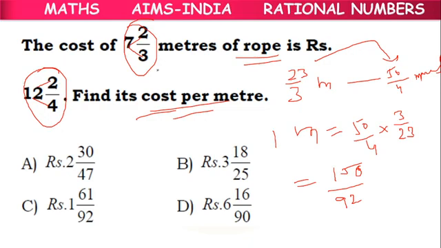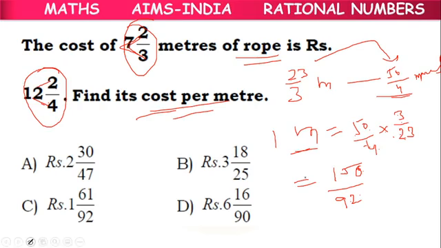Let me check once again. 3 7s are 21 plus 2, 23/3. 4 12s are 48 plus 2, 50/4. Now 23/3 meters costs 50/4 rupees. 1 meter costs 50/4 into 3/23. 3 5s are 150, 4 23s are 92.